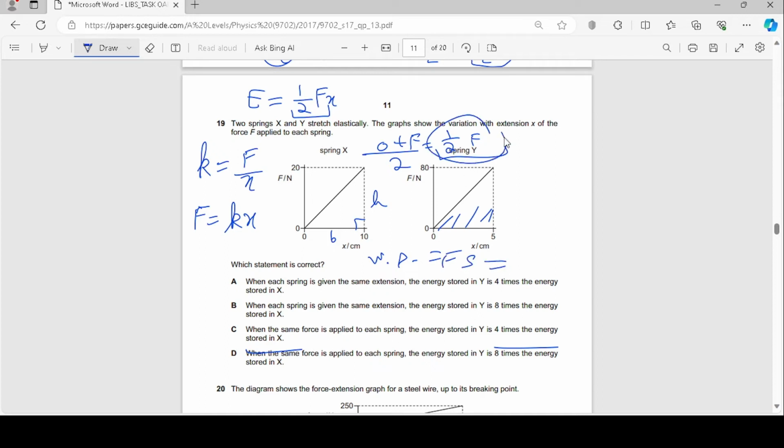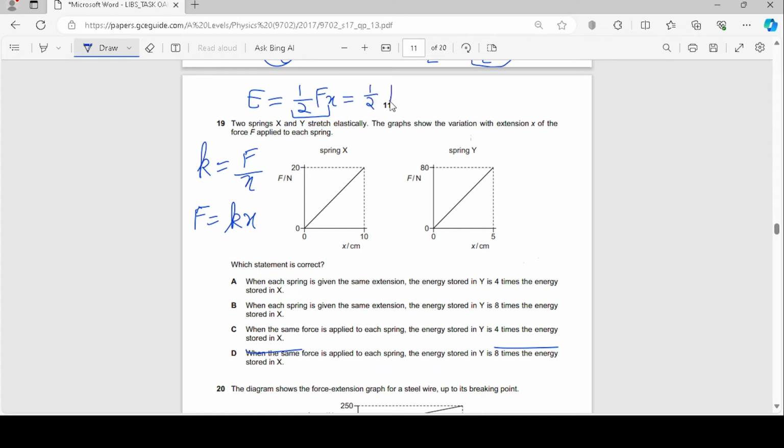Your force is the average, because it's a triangle, so half F, and your displacement is the extension, x. So half Fx. That's another way you could think of it, or as area under the curve. Technically they're the same way, and this is the one equation that you have.